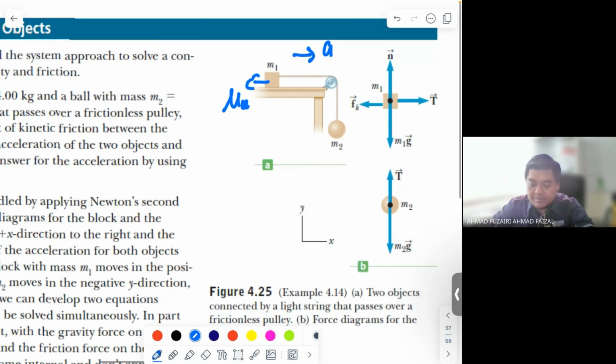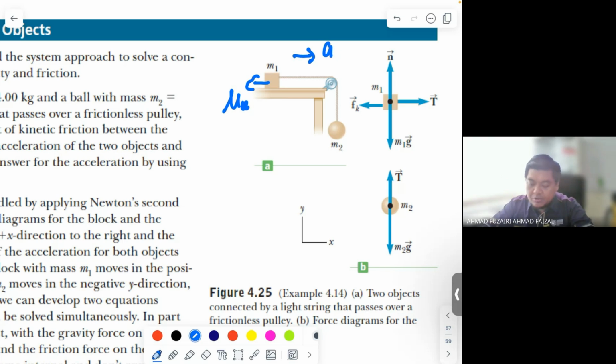When you look at the free body diagram involved in M1, you may see there is a normal force and M1G, with a subscript of M1.